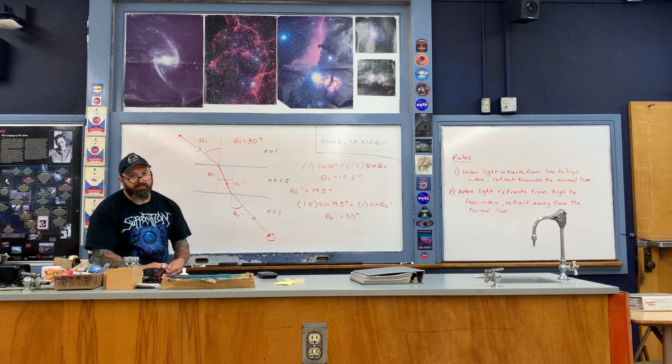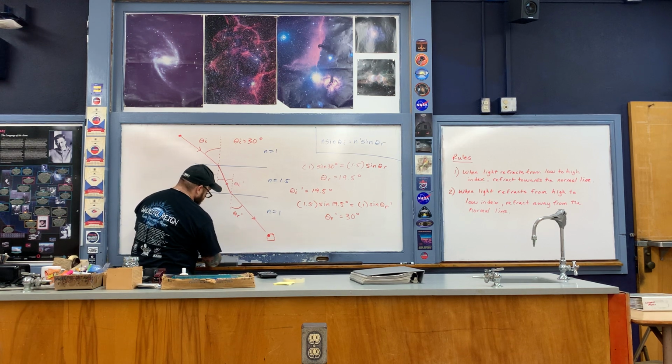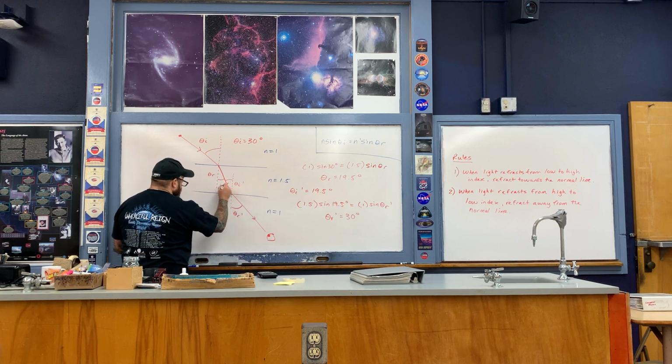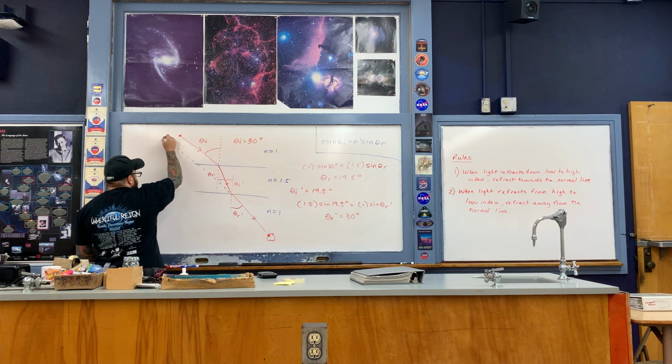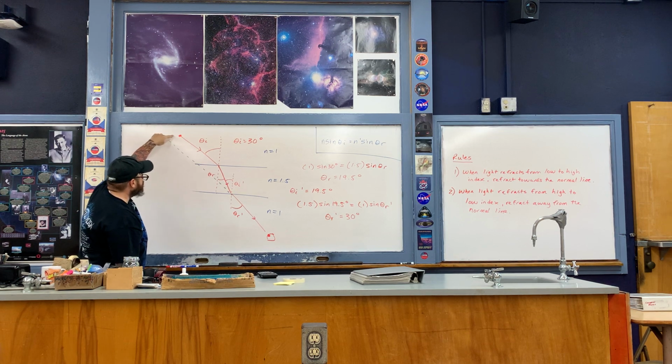It appears to have an apparent position, because when the light enters your eye like so, notice the direction that you're looking. The direction that you're looking is like this. So this right here is the object's actual position. This right here, however, is where you appear to see the object. Its apparent position. There's a little shift here.